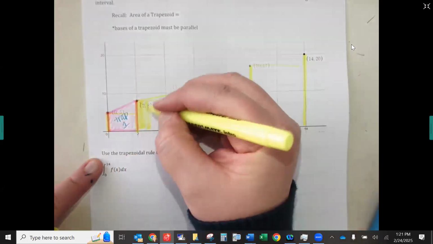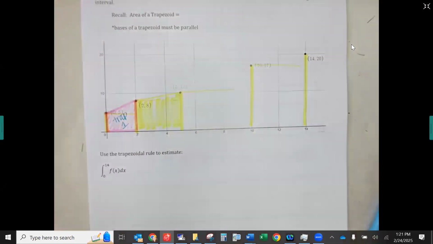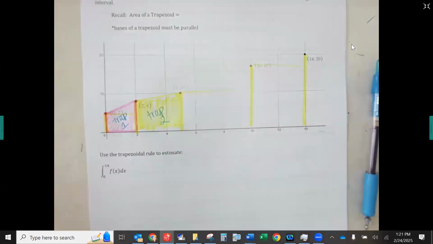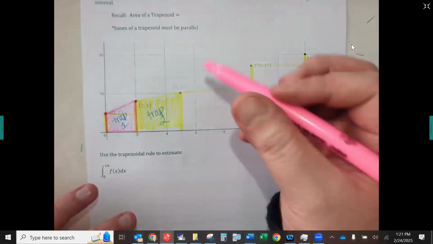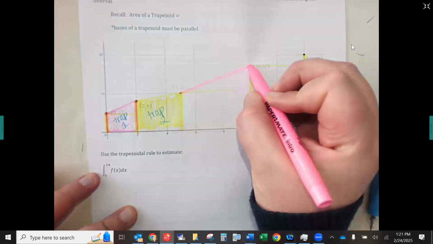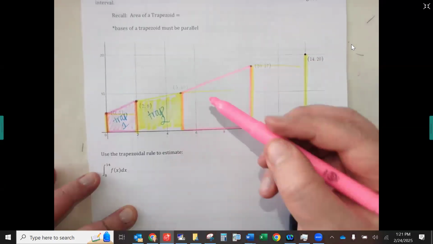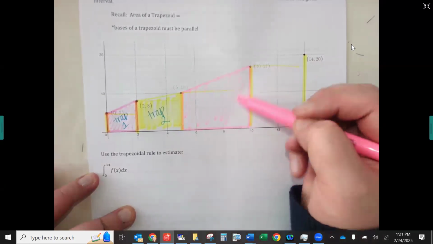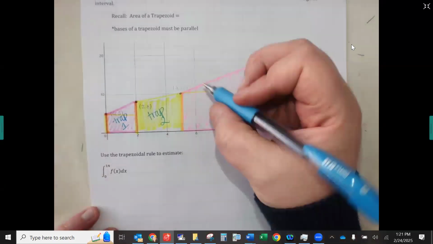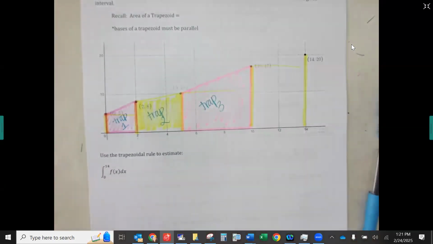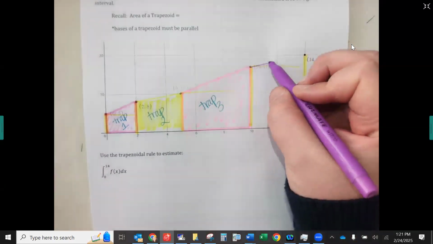That'll be trapezoid number 2. The next one, you'll connect straight across the top with a straight line. That'll be trapezoid number 3. And then the very last one we'll say is trapezoid number 4, straight across the top.